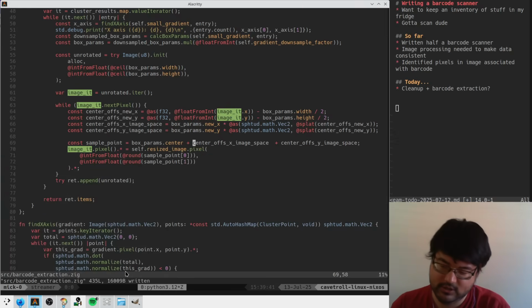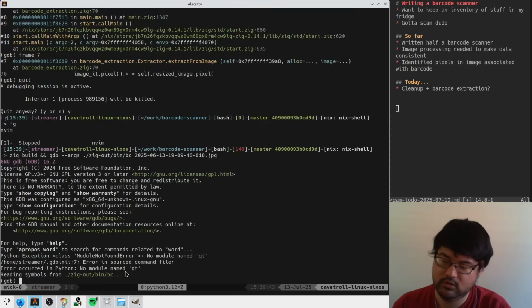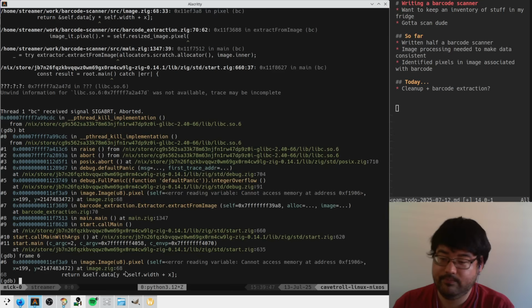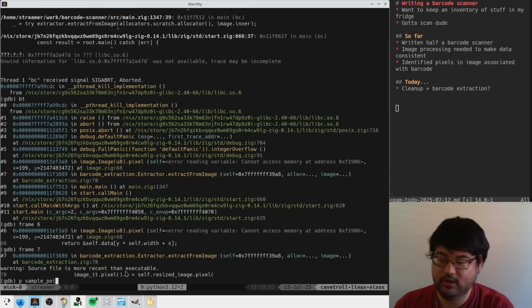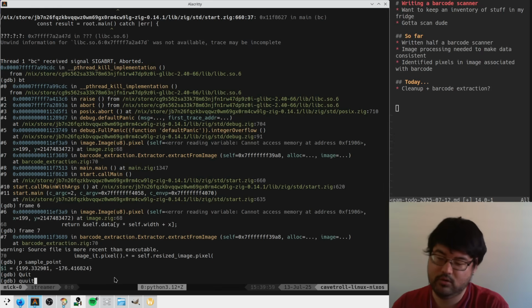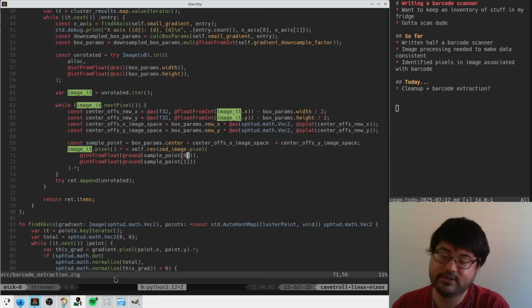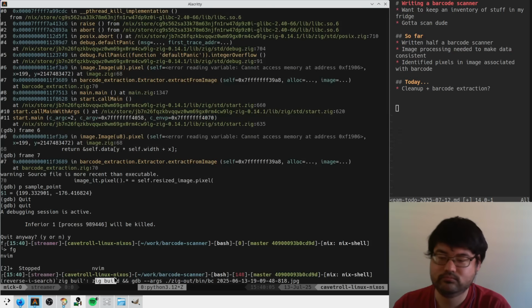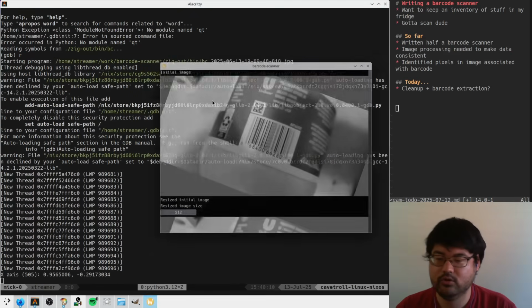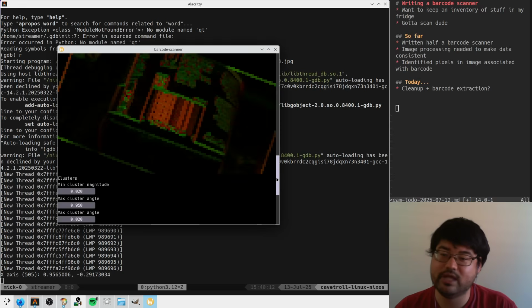Oh, we can just like look at it in GDB actually. Yeah, sample point here. Oh. Y's are negative. Okay, so good news, nothing is crashing.